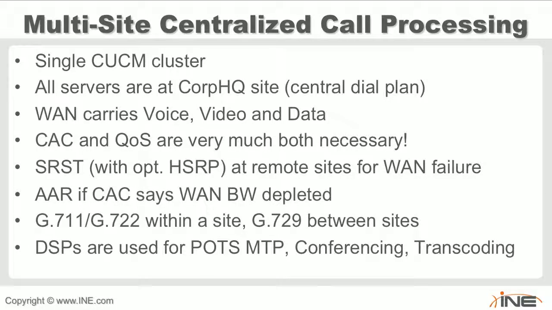But just as a brief introduction to transcoding, the idea is that we need transcoding if and when one of two parties that are trying to establish a voice call doesn't speak the required codec.